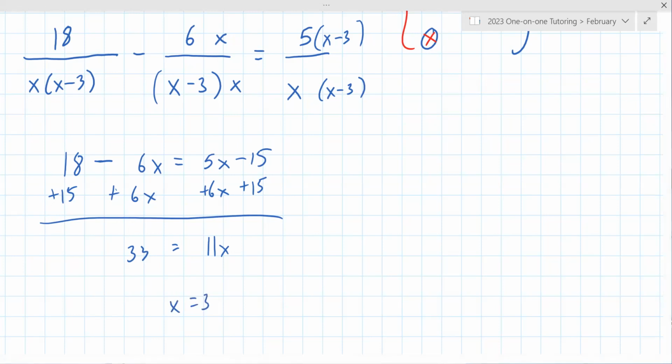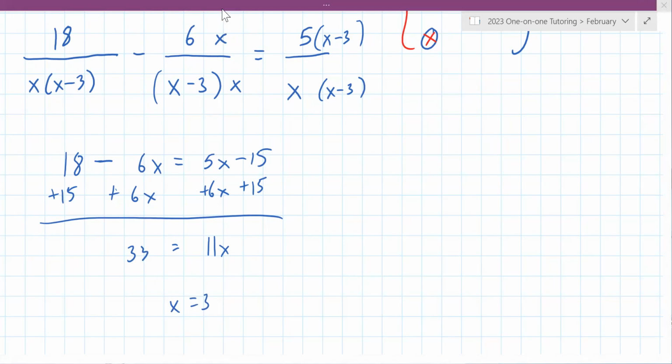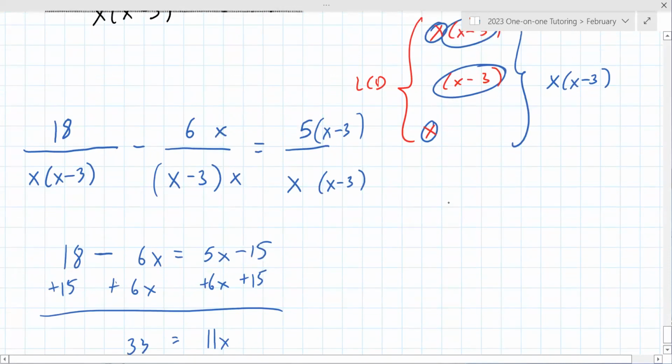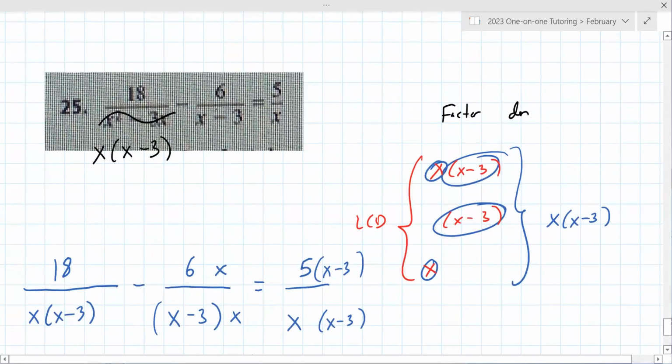Okay, so we'll do what we can on 27. Oh, sorry. No, we're not done with this one. I keep forgetting to do this. I mentioned I would do that. We didn't say that x cannot be 0 and x minus 3 cannot be 0.